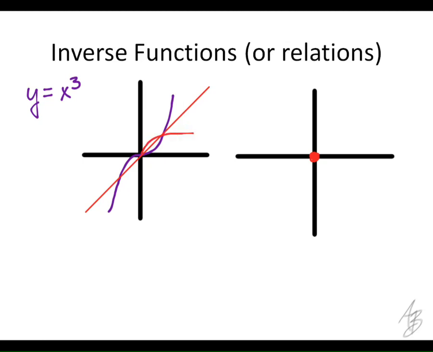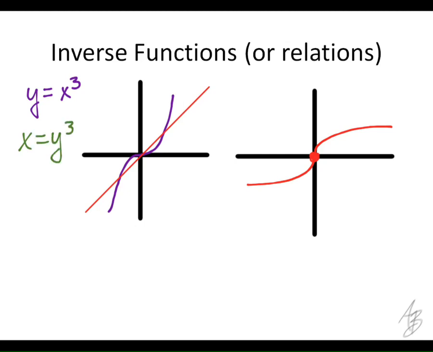So the new graph is going to go like this, somewhat, right? You guys agree with that? That would be a mirror image across that line, so we would get something that looks like this. And then the other branch? Down and to the left. Something like that, right? Correct. Okay, cool. What if we wanted to do it analytically or algebraically? What do we do? Switch the x and the y and then solve for y.